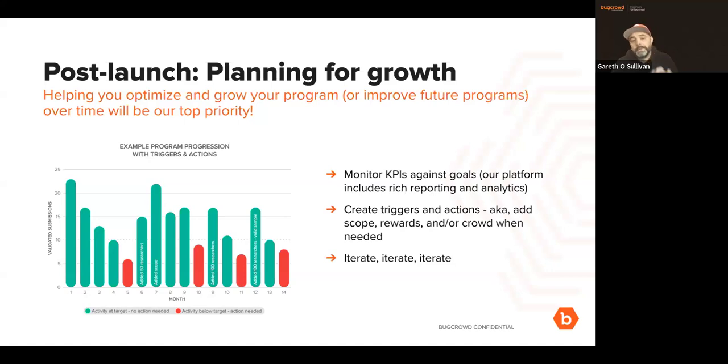But the platform itself enables you to monitor these KPIs. There's lots of reporting and analytics built in. You can create triggers and actions within your workflows for different things happening within the program, whether that's changes to scope, rewards, alerts when new submissions show up, that kind of stuff.